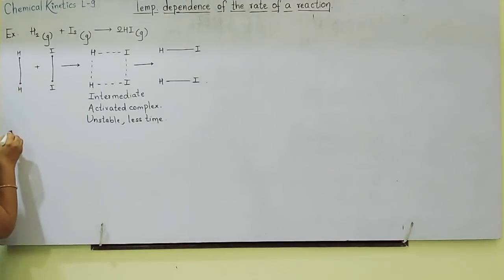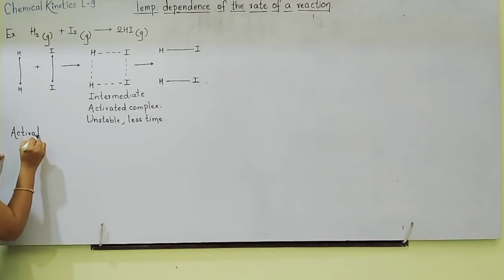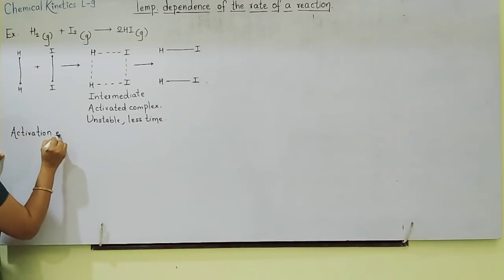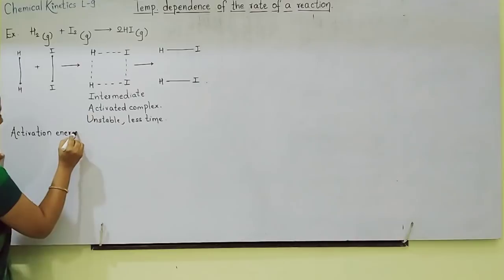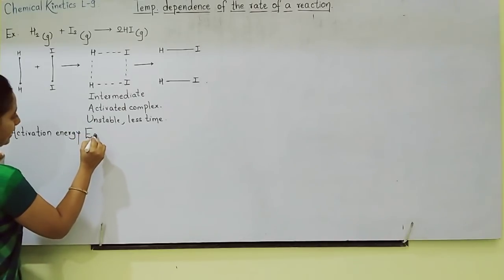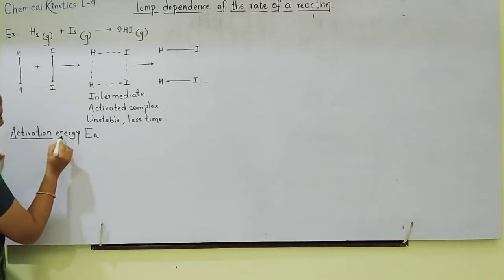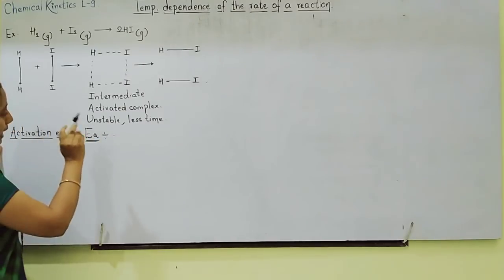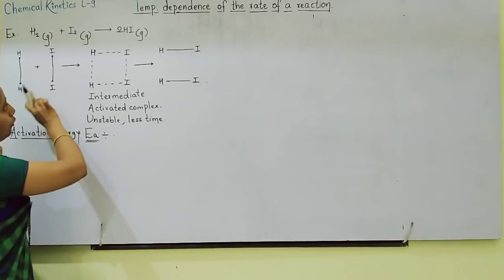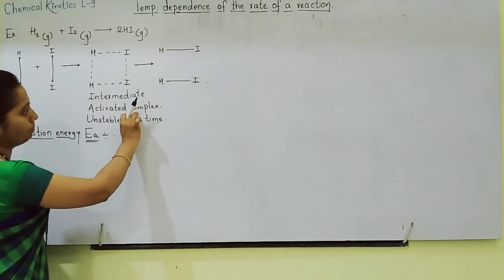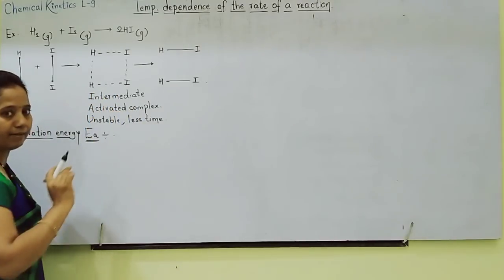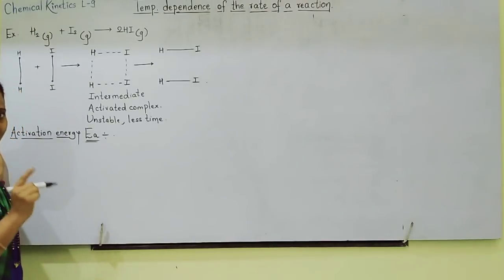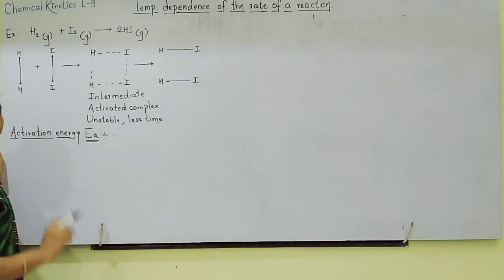See here, what is activation energy? The symbol is Ea. Definition: the energy required to form the activated complex, or intermediate, is called activation energy.